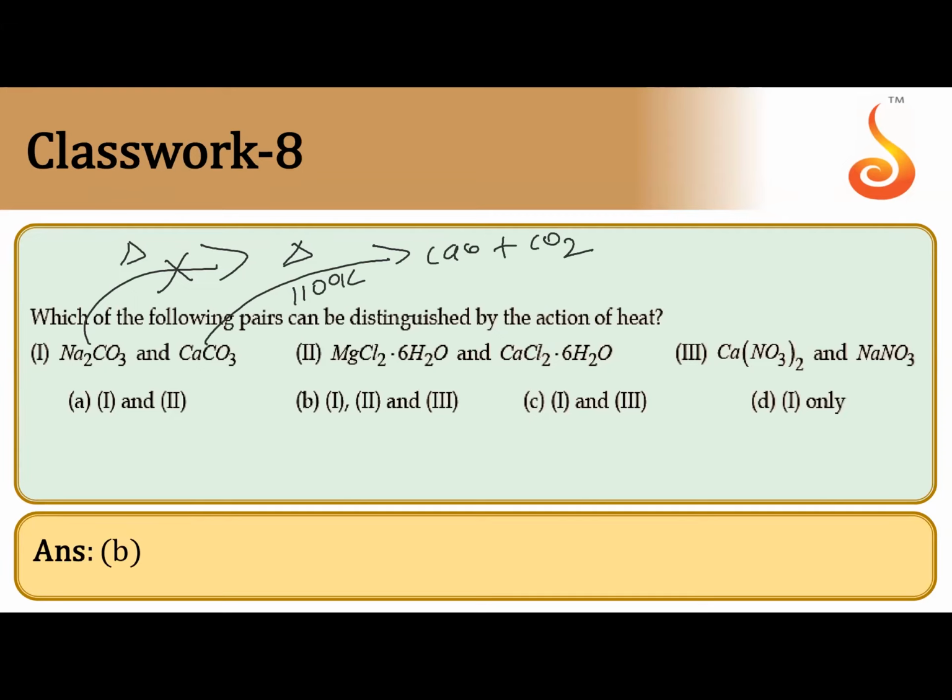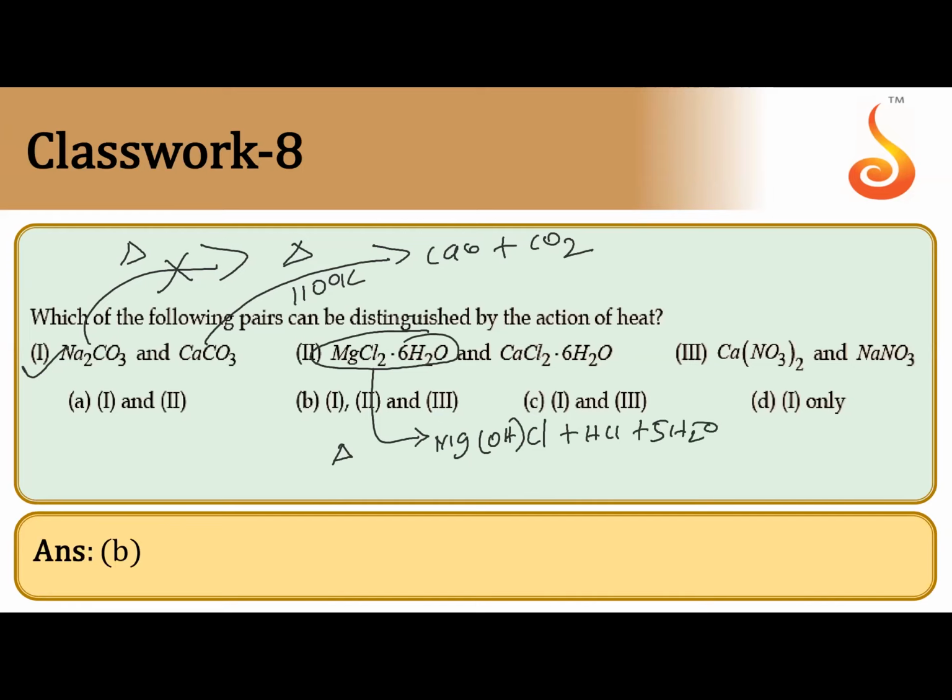If you pass carbon dioxide in lime water, it turns milky. So you can distinguish these two. Therefore, option 1 can be distinguished by the action of heat. Option 2, magnesium chloride hexahydrate, if you heat, you will get MgOHCl, magnesium chlorohydroxide, along with HCl and 5 water molecules.